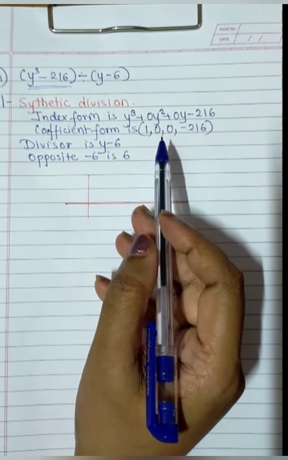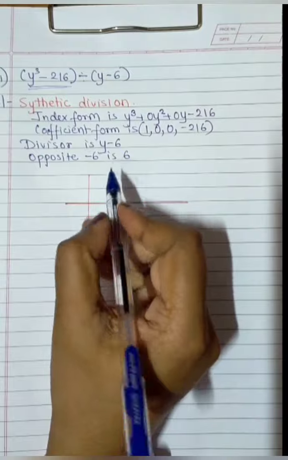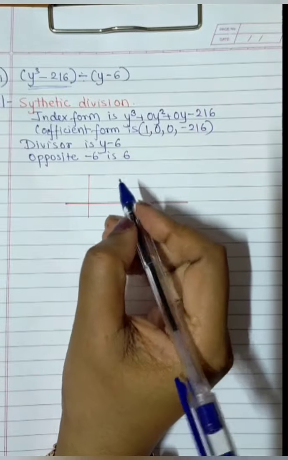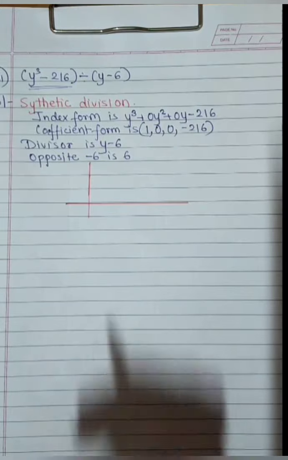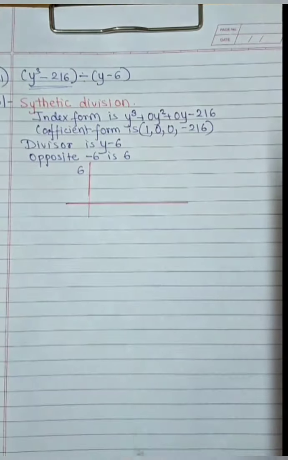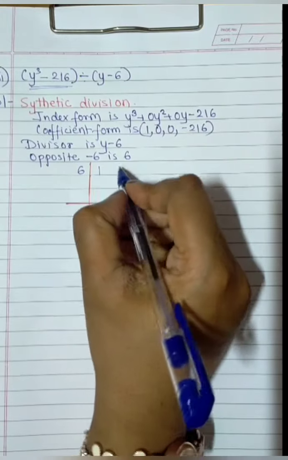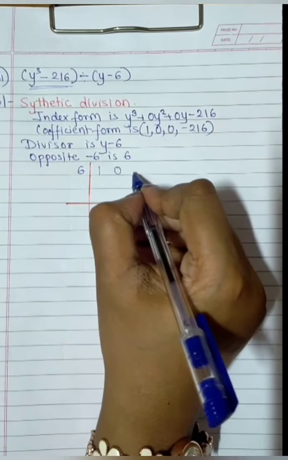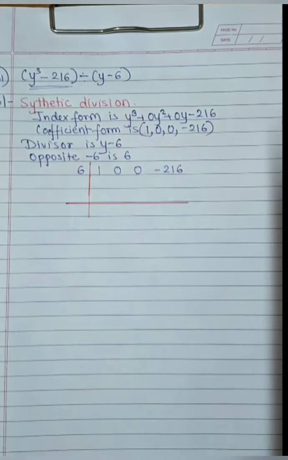The divisor we are having is 6. And we are going to write the coefficients 1, 0, 0, minus 216.